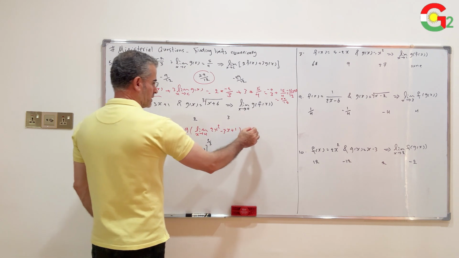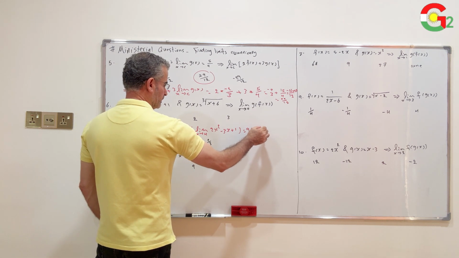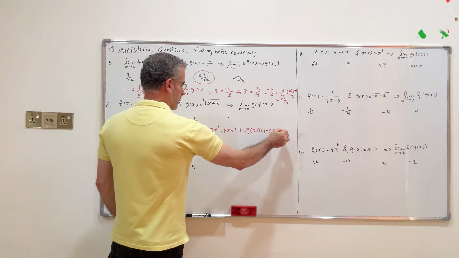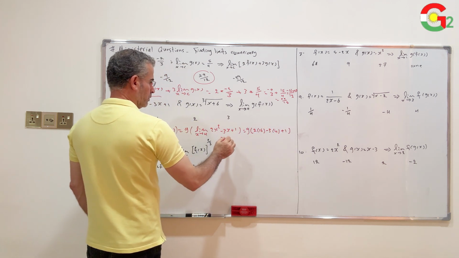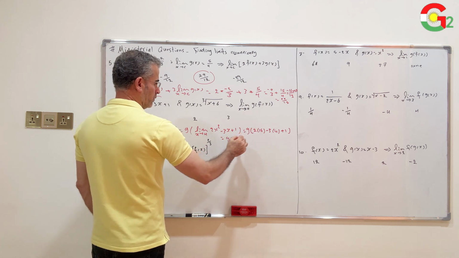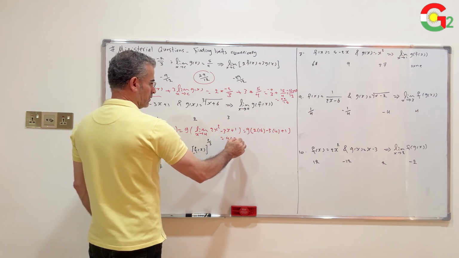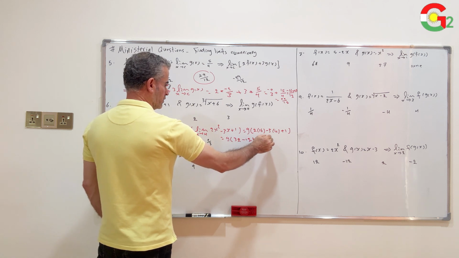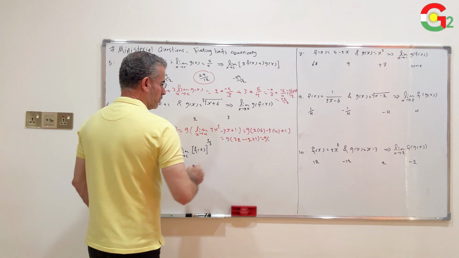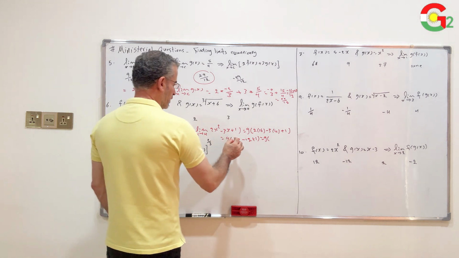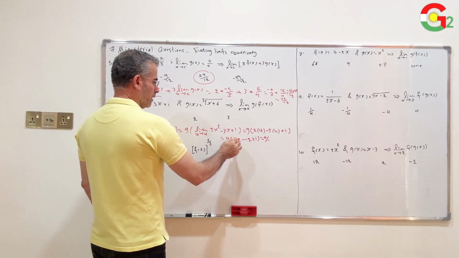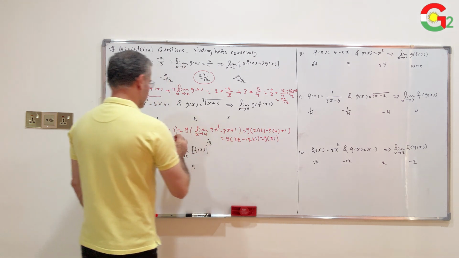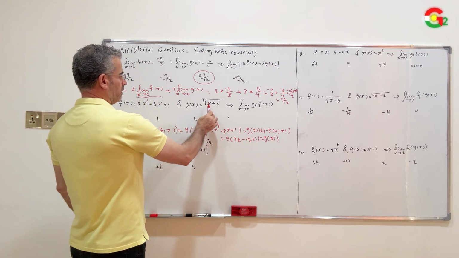equal to g of 2 times 4 power 2, which is 16, minus 3 times 4, plus 1, equal to g of 2 times 16, 32, minus 12 plus 1, equal to g of 32 minus 12, 20, 20 plus 1, 21. g of 21 is the cube root of 21 plus 6.